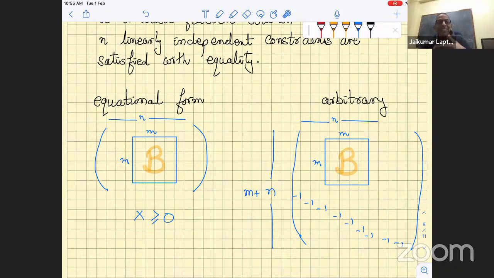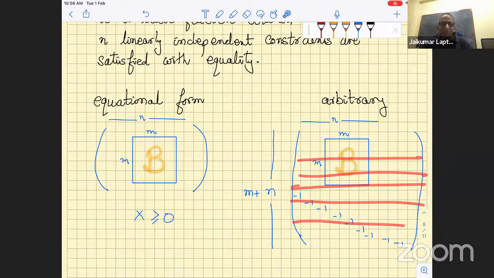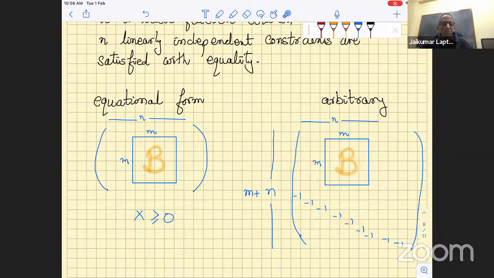So it looks like for equational linear programs there are two definitions of basic feasible solution. One, when you think in terms of these columns being linearly independent, and the other is where there are some equations which are holding with equality.